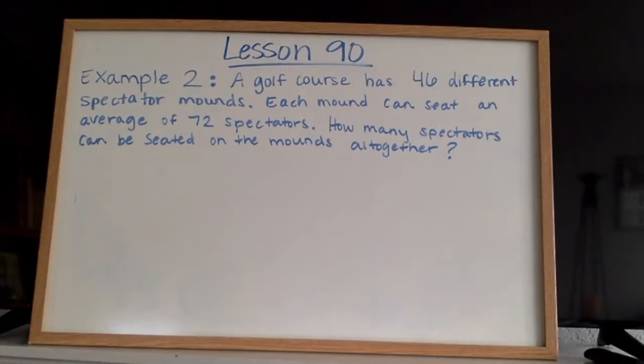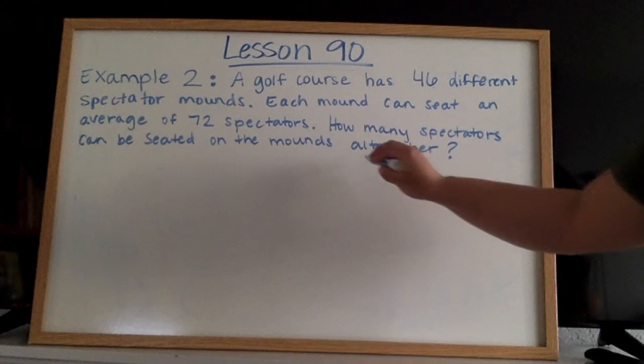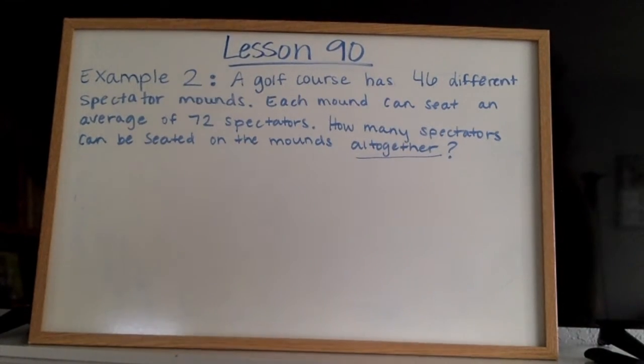Example 2. A golf course has 46 different spectator mounds. Each mound can seat an average of 72 spectators. How many spectators can be seated on the mounds altogether? So I see a keyword here of altogether. Altogether means that we need to find a total amount. So that either means we need to add up everything or we need to multiply, because multiplying is just adding over and over and over.